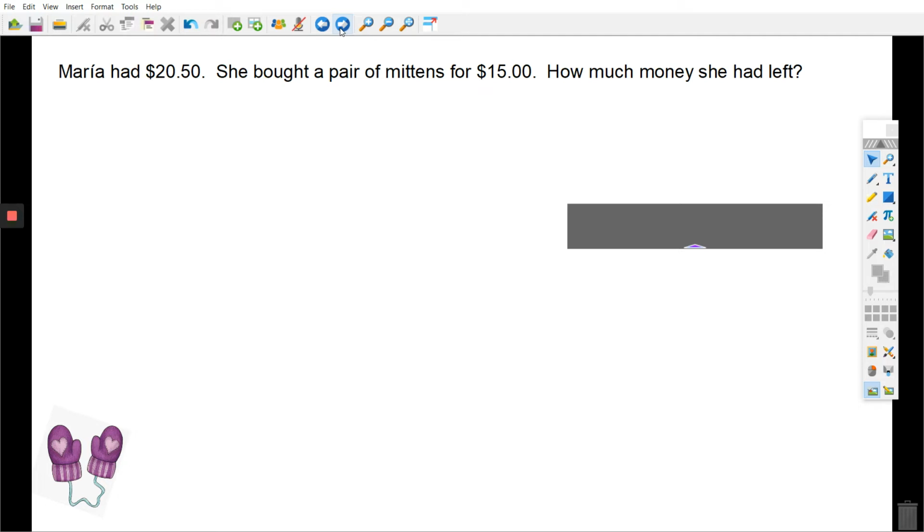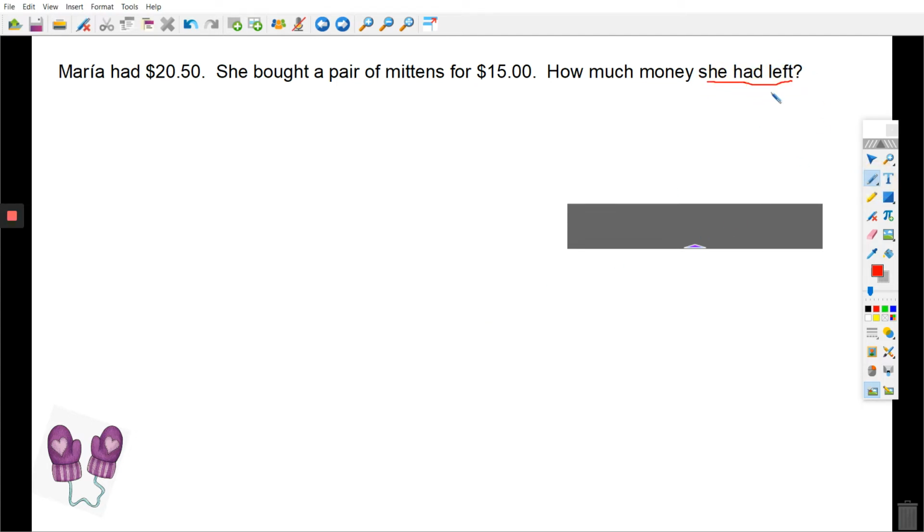Again, we have to look for the clues that tell us if we need to add or subtract. In this case, they're telling us how much money she had at the beginning, but they're also telling us that she spent part of that money because she bought the mittens for $15. Also the question is asking us how much money she had left.